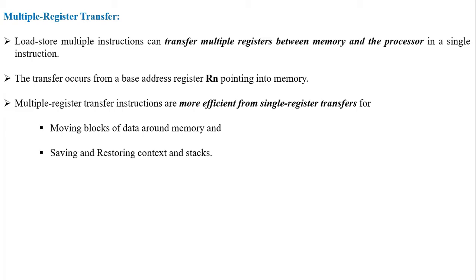We can also save and restore the context, and we can use them in stack operations as well. In the next videos I'm going to explain how stack operations can be carried out by using these instructions. Okay, so now we'll see the syntax of the store instruction.